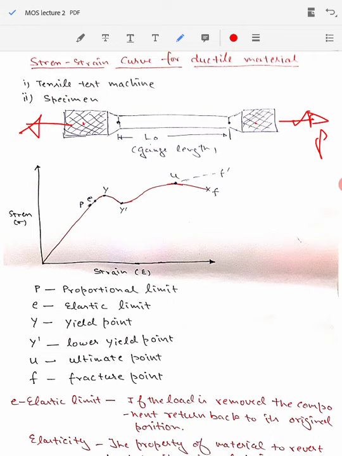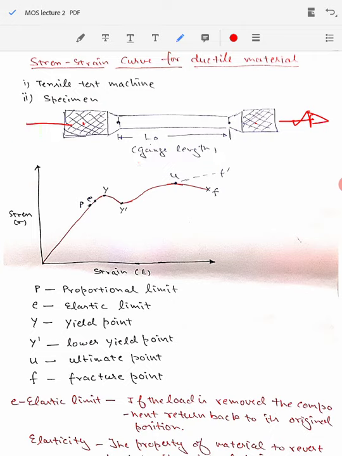So we are pulling both its ends, and we are able to measure the applied load and also the change in the length of the specimen, and we are watching the change in the length in this area, which is called the gauge length.